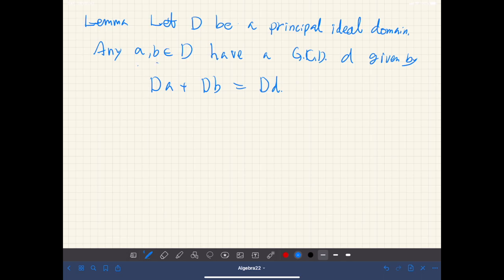So for any two elements a, b, its greatest common divisor d is given by this.